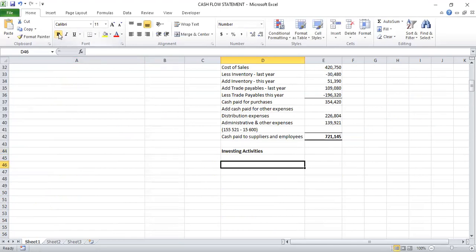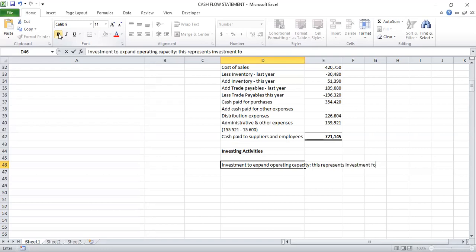We have investment to expand operating capacity. This represents investments for growth, whereby maybe you are expanding your operations and you need to buy more machinery. You need to buy a new building in a new location where you'll be opening a new shop. That will be expanding.